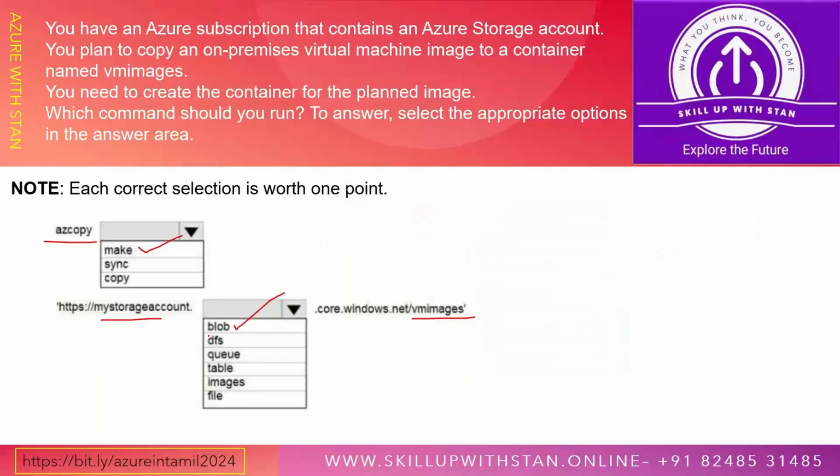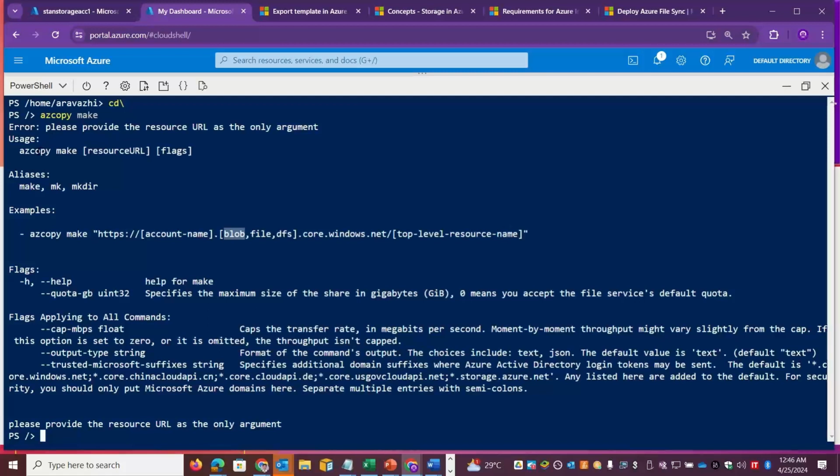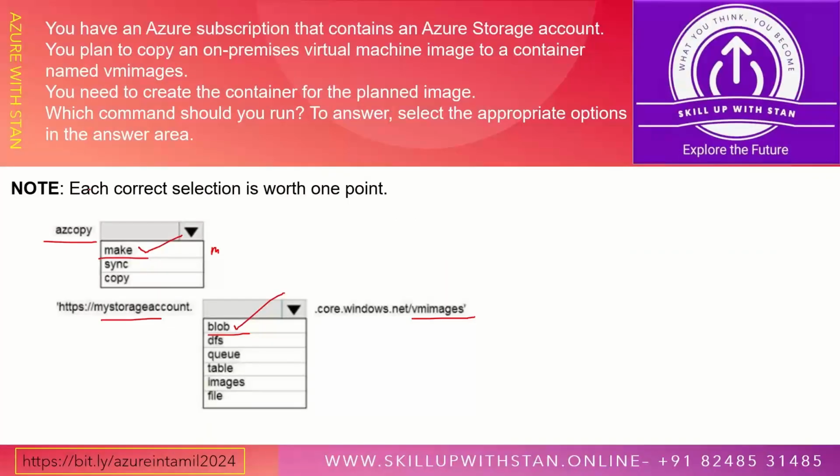So the right answer is my storage account.blob.core.windows.net/vm images. And if you have options like mk or mkdir or md, those all will work as an alias. See here, they are saying it will work with make, it will work with mk, it will work with mkdir. So it's all creating a directory for copying your images in your storage account. It's pretty simple and straightforward.